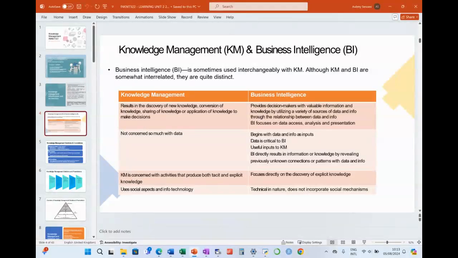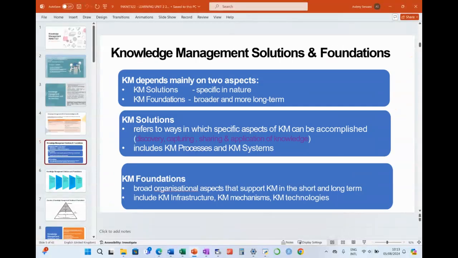Whereas knowledge management uses social aspects, all right, and information technology, okay? So with social aspects, there's more interaction between personnel and so forth. With BI, as soon as you know your formula, your method, what you're trying to do, you're not necessarily socializing and engaging fellow colleagues and so forth.